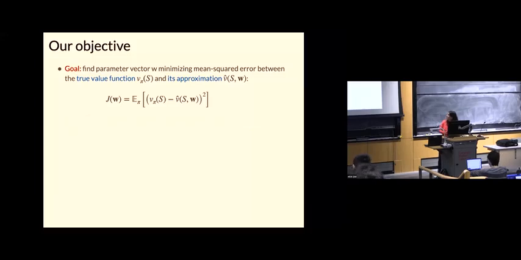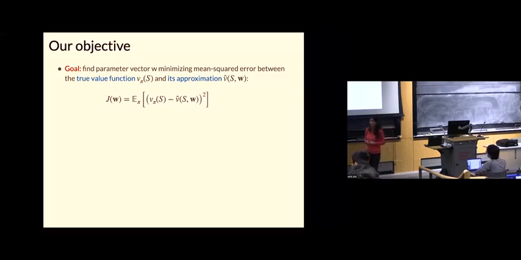So imagine we had access to the oracle, v pi of s, and for every state I would feed in, it will give me the true value of that state. Now my goal would be to compute that function, v hat of s comma w, that essentially will predict the oracle values. Then this is just a standard regression problem, standard least squares. Does that make sense?